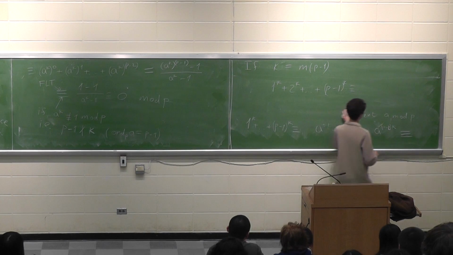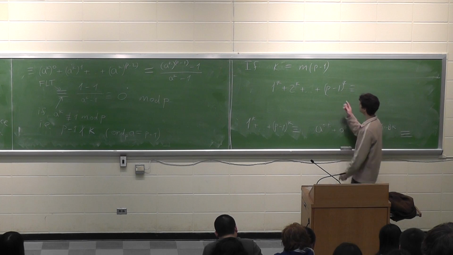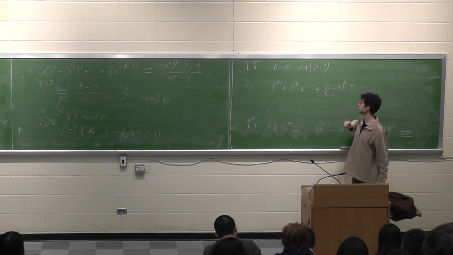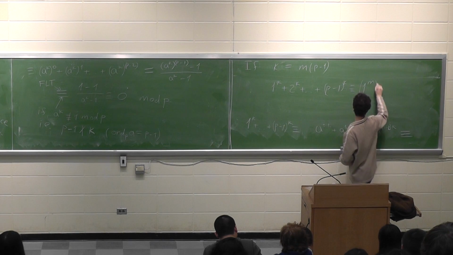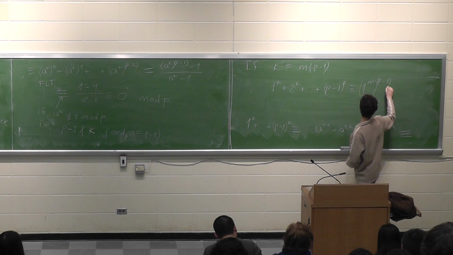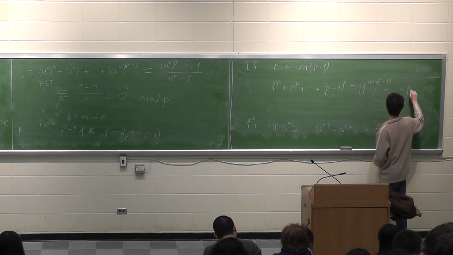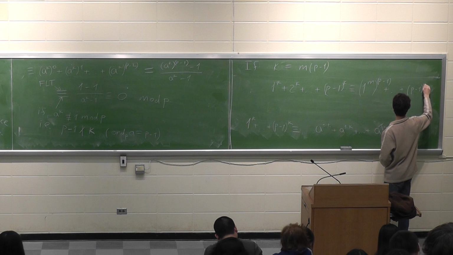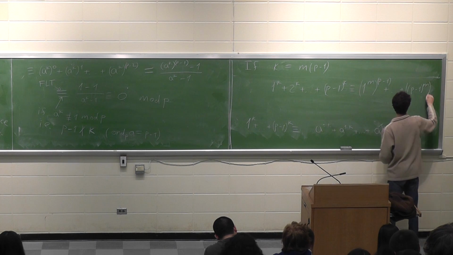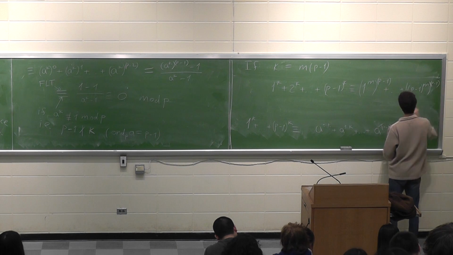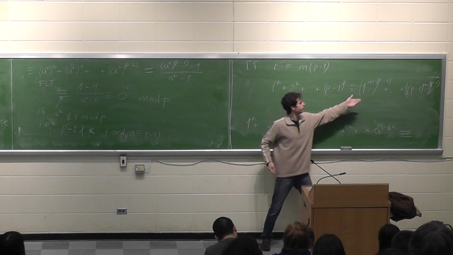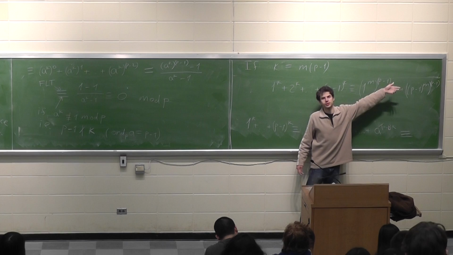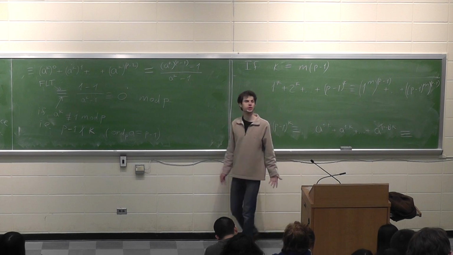So k is a multiple of p minus 1. So I can write everything here, every term in the sum is something raised to the power p minus 1. Now by Fermat's little theorem, whatever you take and raise it to the power p minus 1, you get 1 modulo p.